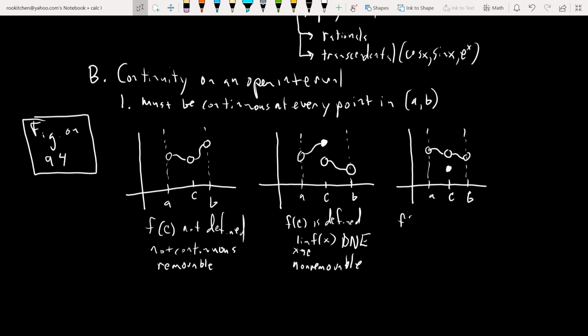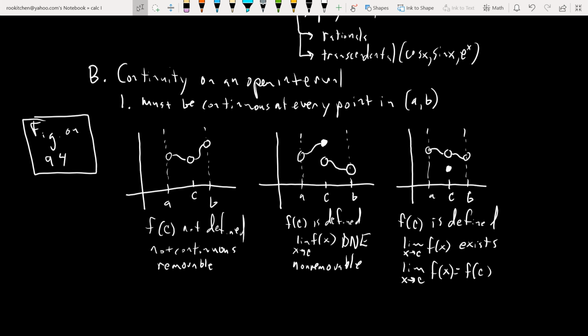So here f of c is defined. The limit exists. So the limit as x goes to c of f of x exists. The problem is that the limit of f of x as x goes to c is not f of c. Okay? It's above whatever f of c is.